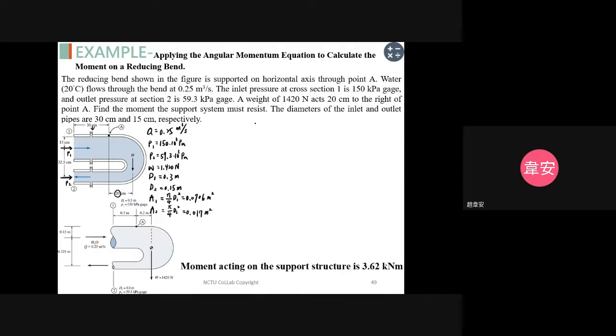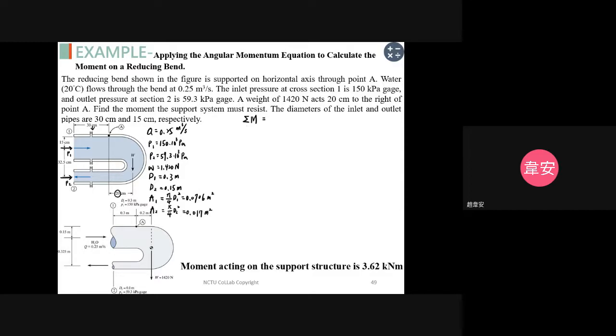Okay, so for this problem, we would like to apply the angular momentum equation. Based on the momentum equation, the sum of the moments is equal to the angular momentum change with time inside the control volume.